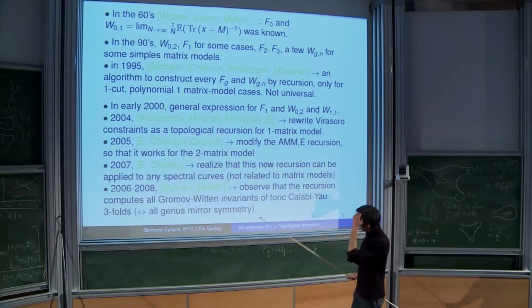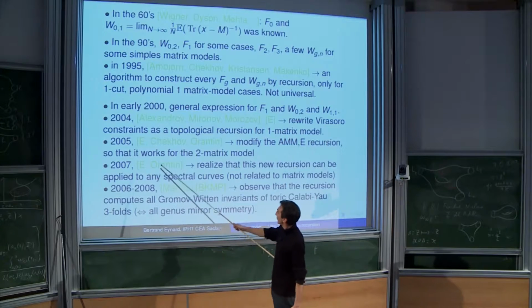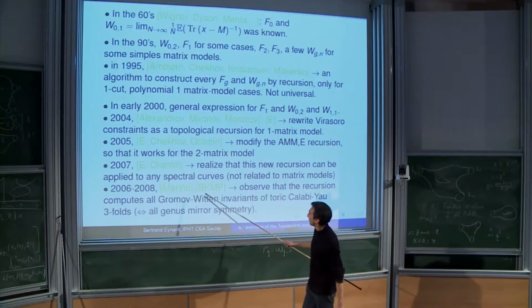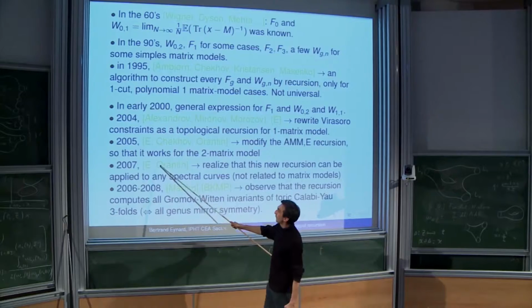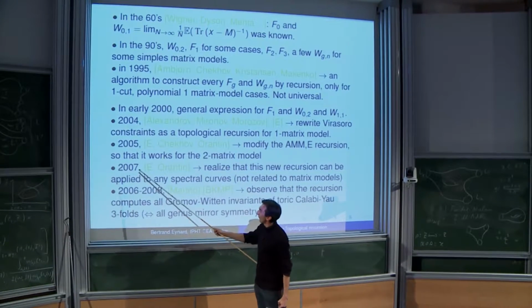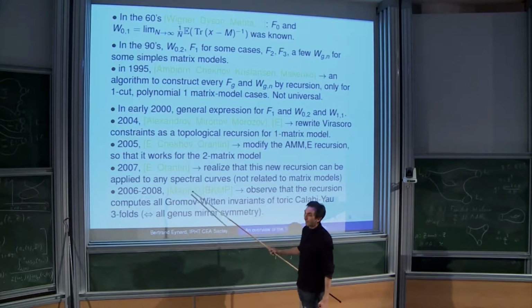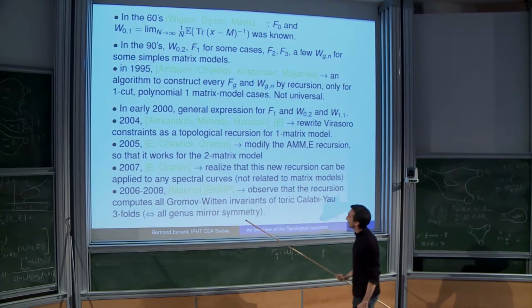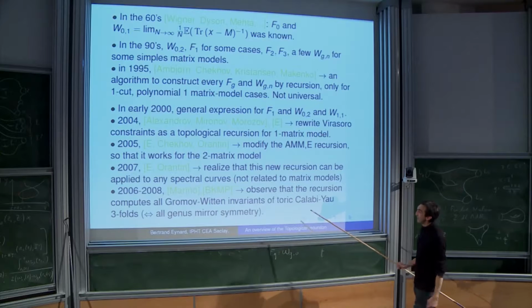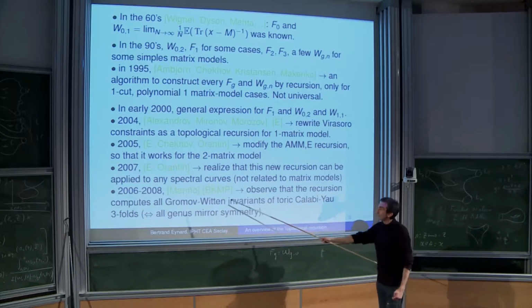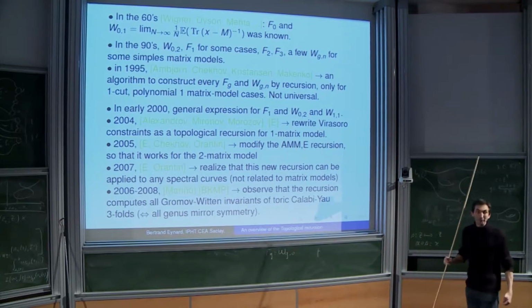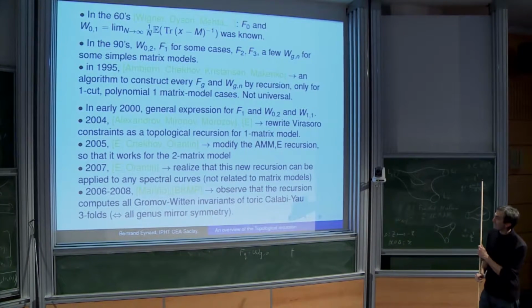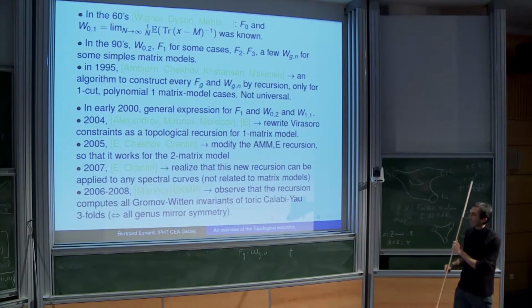Right. And another surprise is that just when we finished that, physicist Marino realized that this recursion was also computing Gromov-Witten invariants. In fact, we started to write the paper in 2006, and I was already talking a lot with Marino, so that's why he published some things before. But at that moment, it was totally mysterious, at least to me.